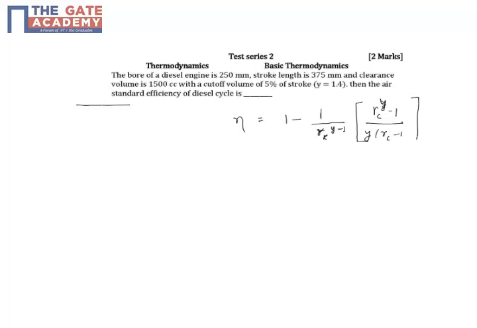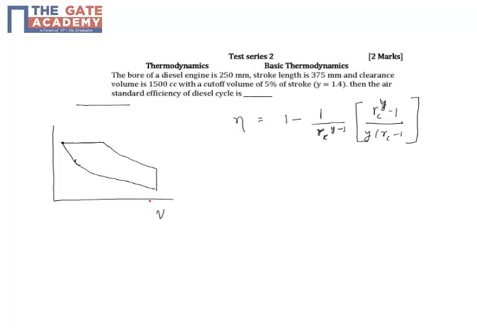Okay, so there are three different things here. Let me first draw the diesel cycle, then it will be clear. On the PV diagram, the diesel cycle has a compression stroke, followed by a constant pressure heating, then the expansion stroke, and then the constant volume heat rejection.